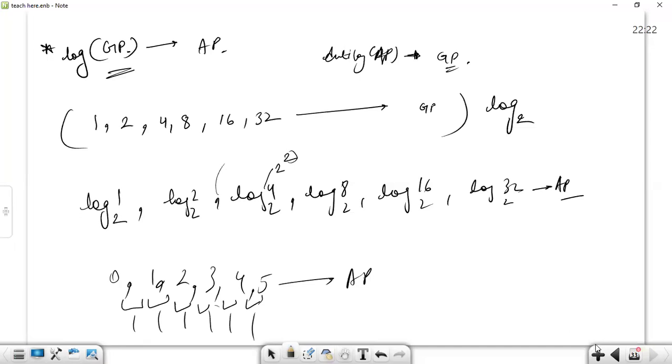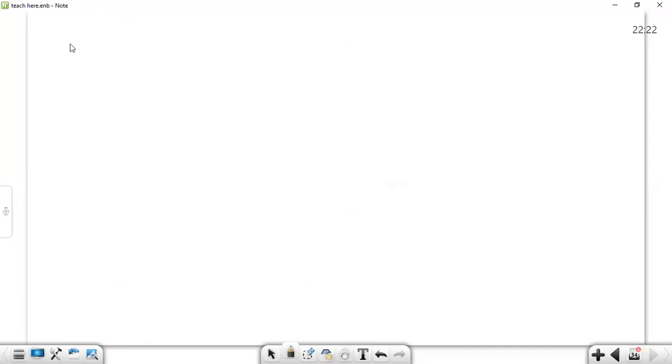Yes, sir. Okay, so let's now discuss the geometric mean. Mean is basically average. So if you want to find the mean of some terms, let's say there are terms A, B, C, D, E, and going on.